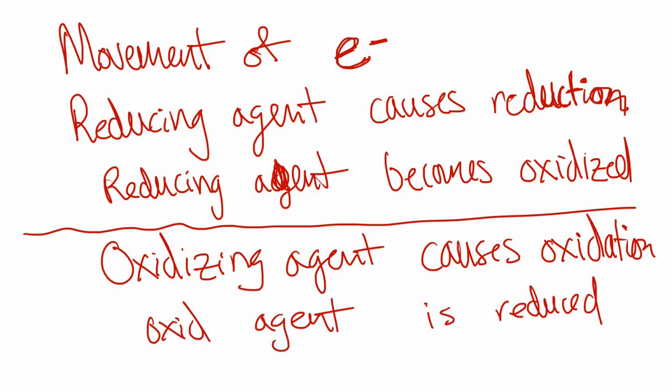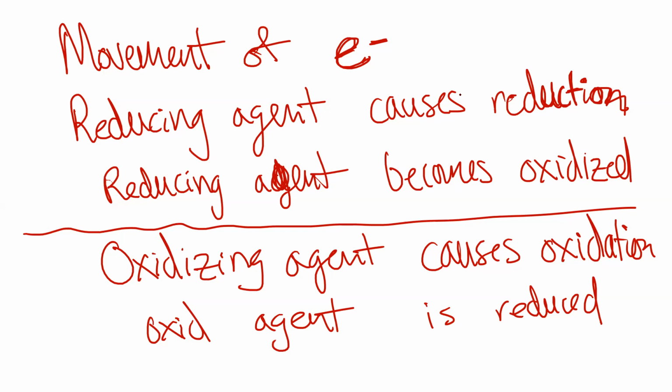You're causing something to lose electrons, and the only way to cause something to lose electrons is to take them. If you are the agent of theft, you cause theft. Therefore, you take things. An oxidizing agent, therefore, becomes reduced. The oxidizing agent is the thing that becomes reduced. It's also very nice because these things are cyclical and redundant.